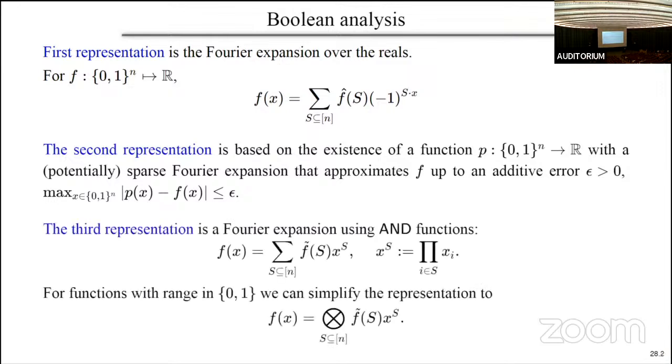Or you can think: let's not expand over the parity basis, but over the AND basis. So these are the three representations. Why do we care about these expansions? Because they expand your original function into functions that we can calculate easily. Parity is easy; parity is basically one fanout, in constant depth. And AND, as you saw, can be constructed with a linear number of fanouts. So these things are easy to do.